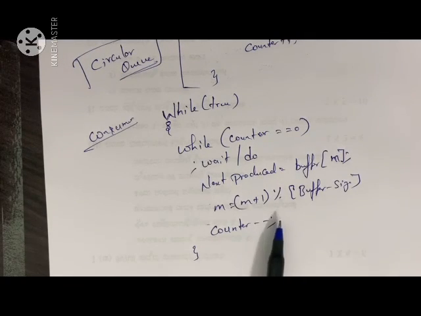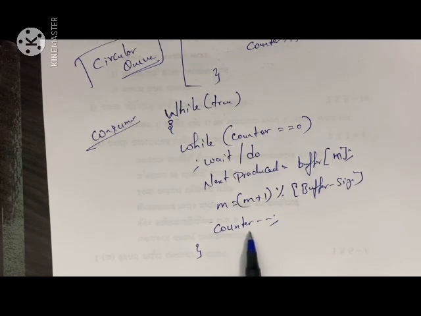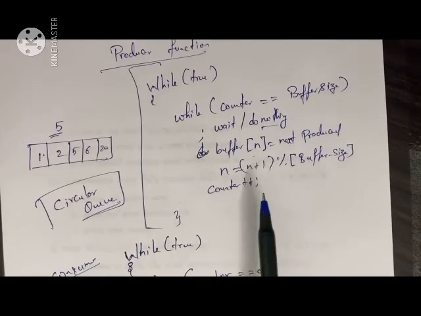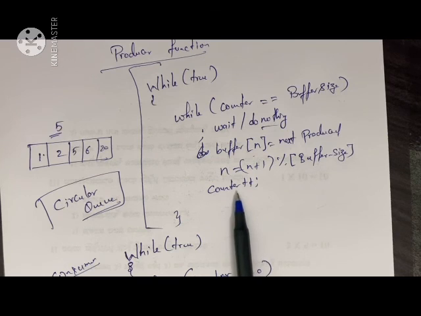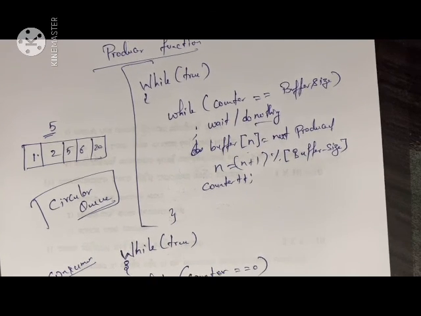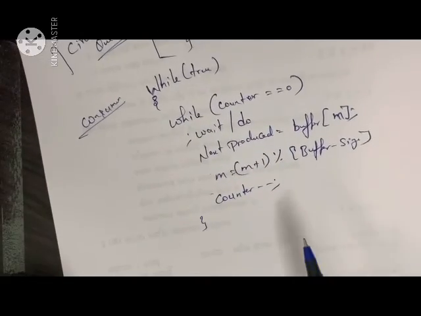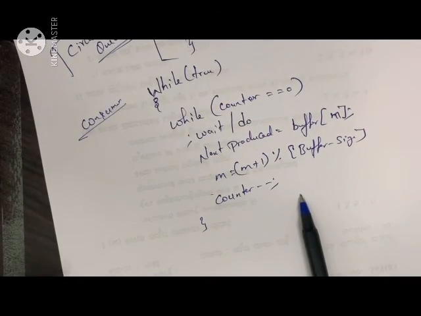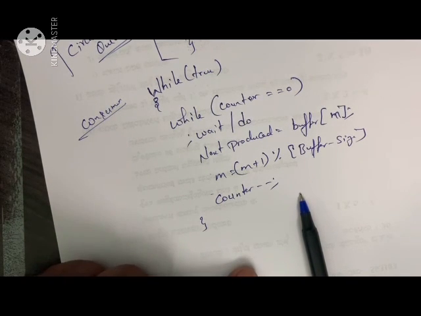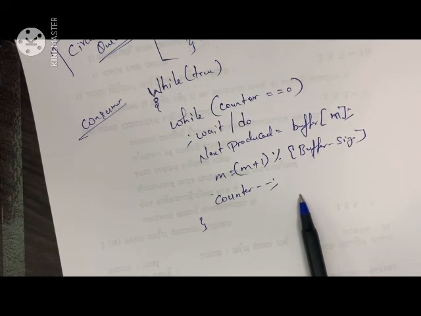When produced, it will be plus plus, and when consumed, it will be minus minus. Okay, I will stop here, and in the next session I will explain the next topic. Thank you.